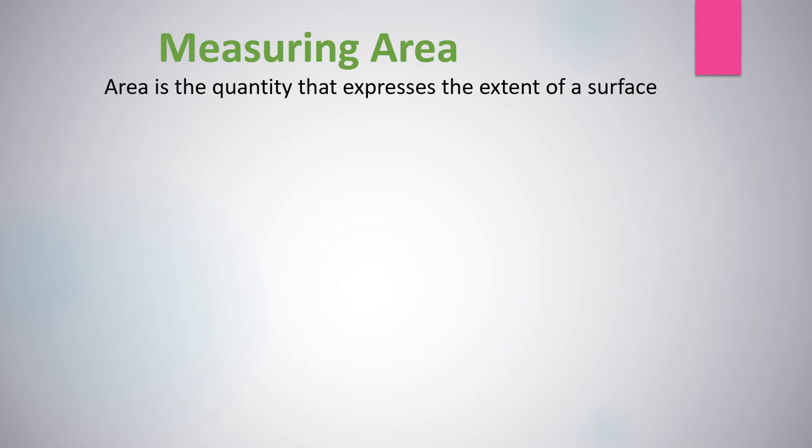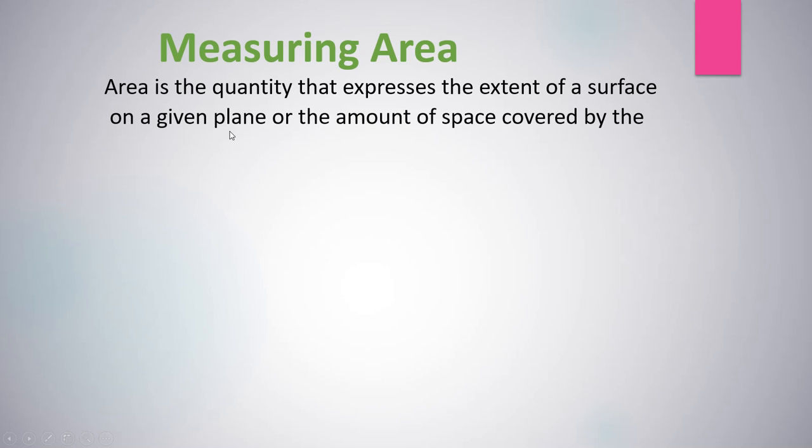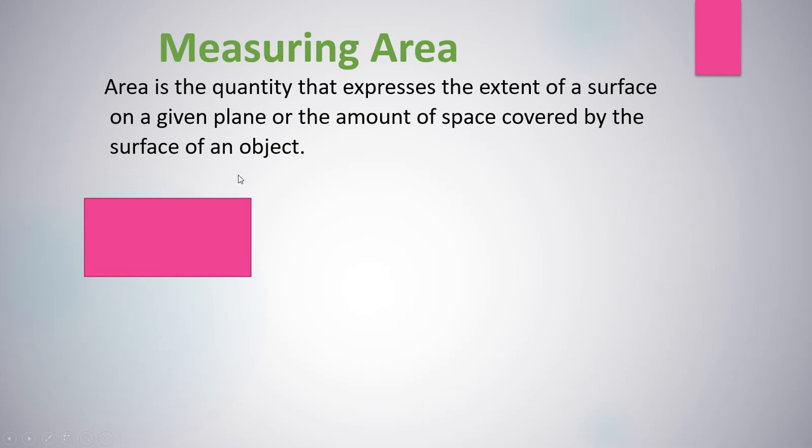Now area is a quantity that expresses the extent of a surface on a given plane, or the amount of space covered by the surface of an object. The amount of space covered by just a surface. Let's look at this figure.